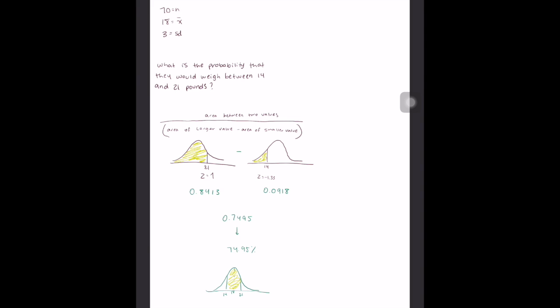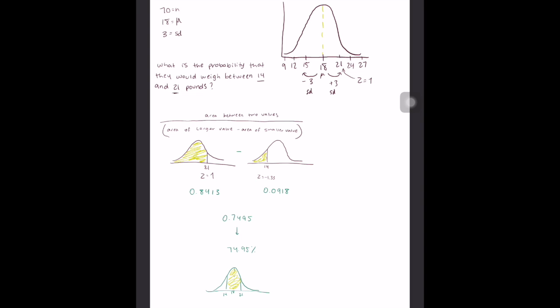All right, let's do one more example using these puppy weights and the same distribution we have. So what is the probability that they would weigh between 14 and 21 pounds? If you remember our distribution, 21 is one standard deviation away. So we already have the z-score for 21.